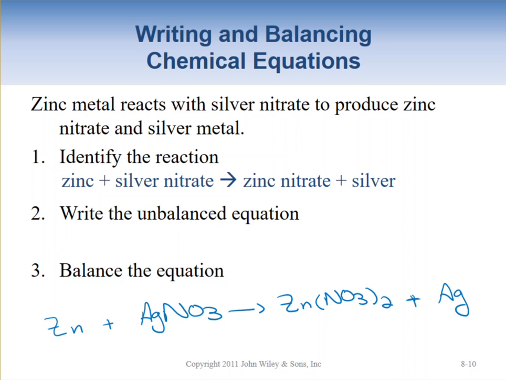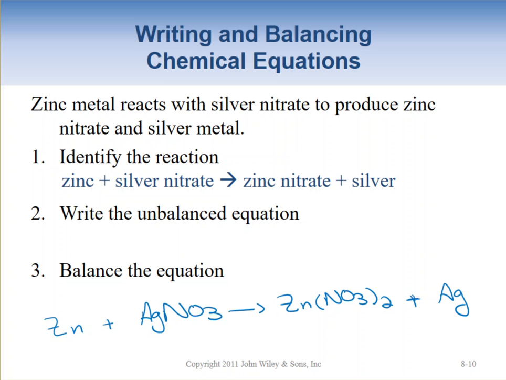To balance, remember, we first want to balance all the metals, then all the nonmetals, then hydrogen and oxygen. So you have 2 metals here, zinc and silver, and it doesn't matter which one you start off with. So 1 zinc, and then 1 zinc on the product side, 1 silver, 1 silver.